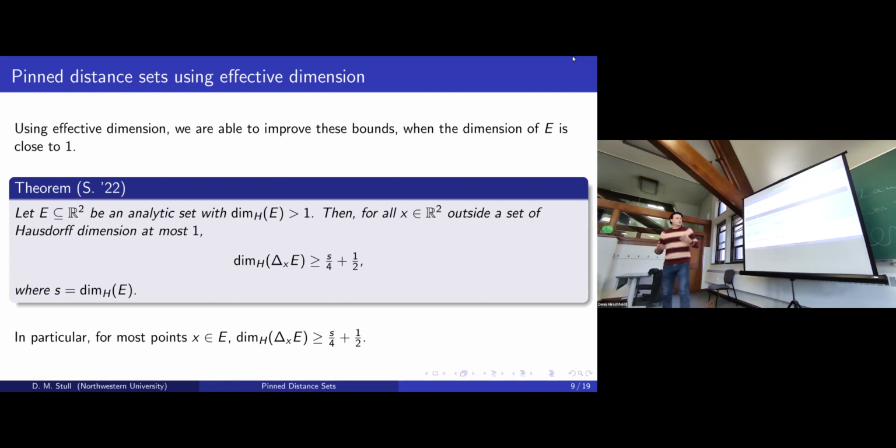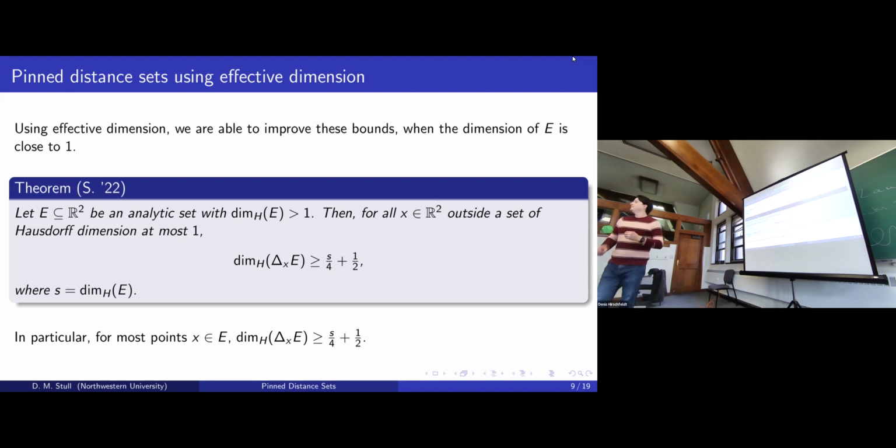And so this is going to give the best known bounds when the dimension of E is close to 1. As the dimension of E gets closer to 1, the right hand side gets closer to 3/4. We're improving on Shmerkin's bound of 0.69.